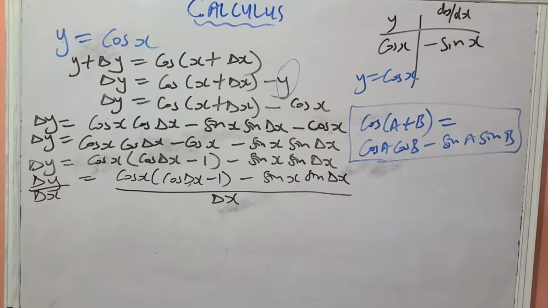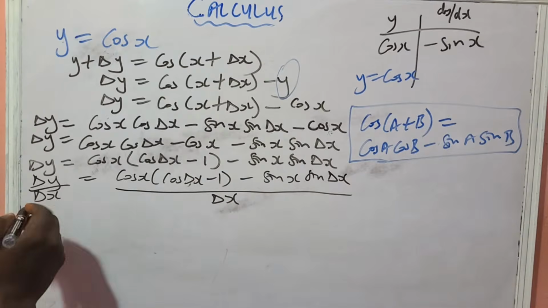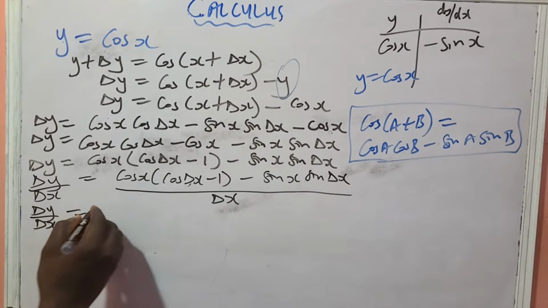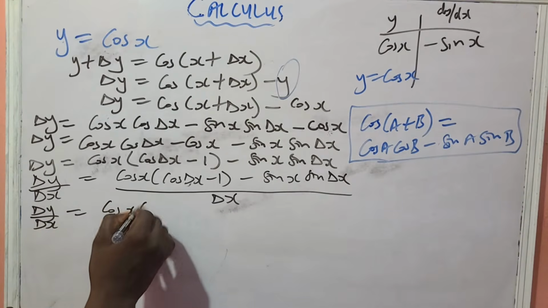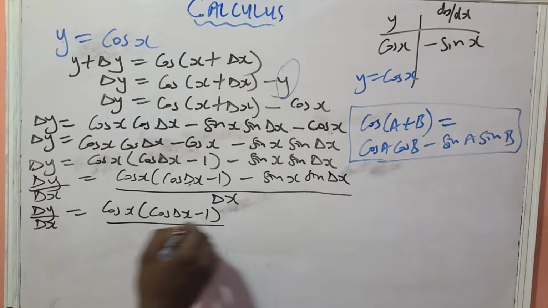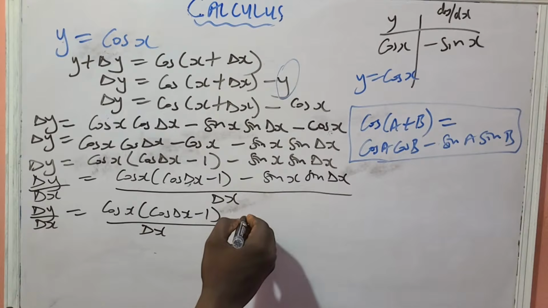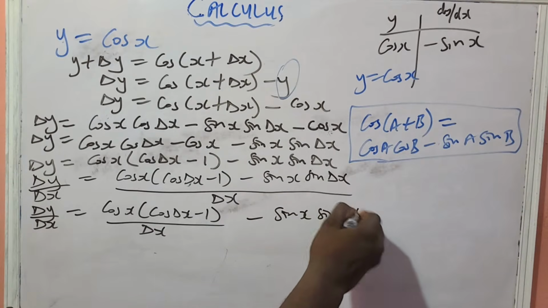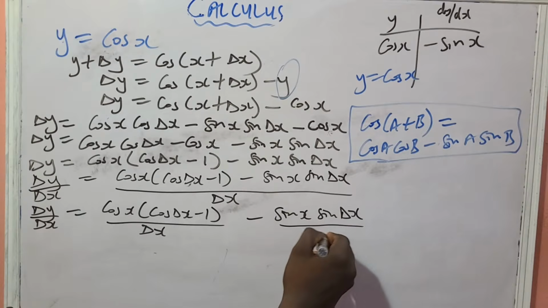All right, so let me split this fraction. So change in y over change in x will be equal to cos x into bracket cos change in x minus 1 over change in x, minus sine x sine change in x over change in x. All right, I believe I'm permitted to do that.